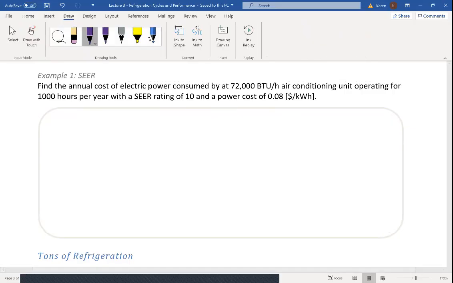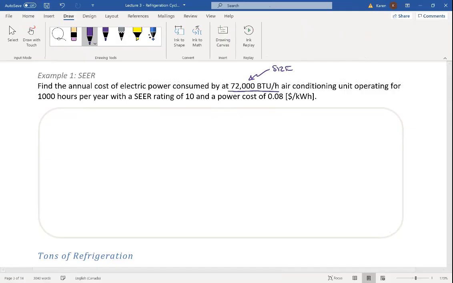So let's look at what we have. If it makes 72,000 BTUs per hour, this is a size. This is the size of an air conditioning unit. And this is how long we're going to run it, 1,000 hours. We have a rating of 10. Notice the units aren't even specified here.